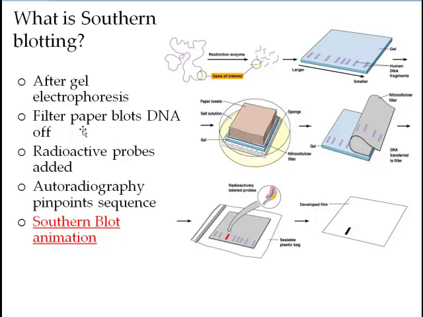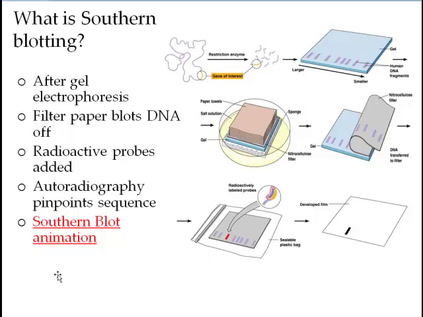Southern blot mainly uses a bunch of paper blots that have radioactive probes in them. When you soak the paper towels with the salt solutions on the gel, it will stain the segments of the DNA with radioactive labeled proteins, and then you can develop these films later to determine where your segment of interest is.